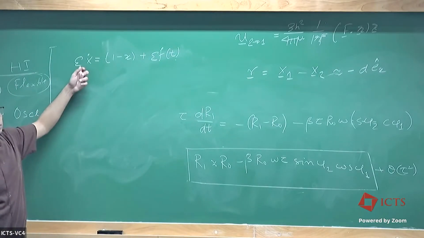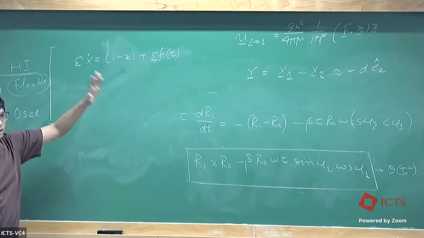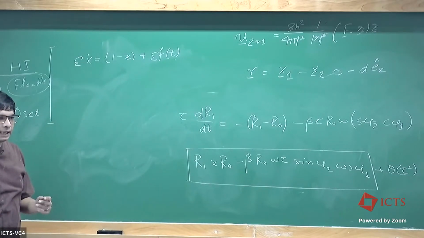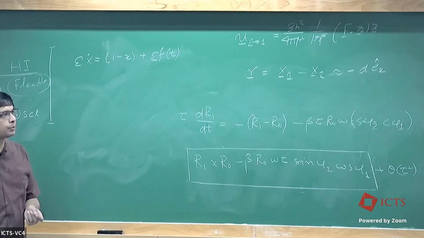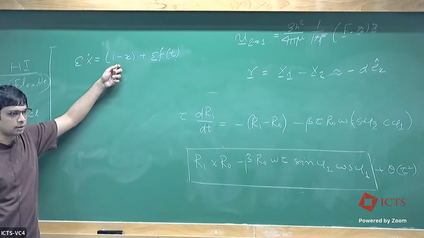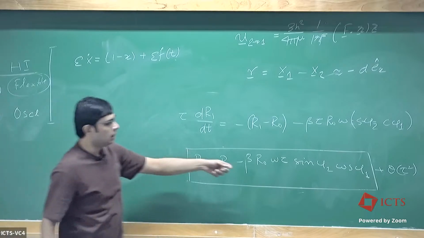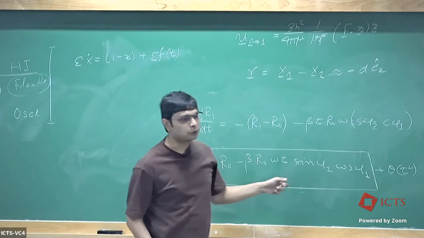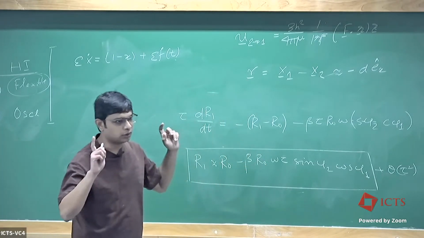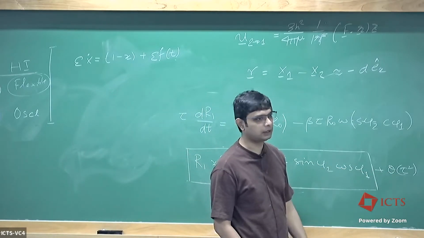And what you can do to solve these sort of equations is a perturbation expansion in x in order epsilon, and at each order of epsilon, you solve the problem. So at leading order, x is just equal to 1. At order epsilon, you will get another term, and at order epsilon squared, you will get another term, and so on. What I'm doing is that I'm just retaining terms up to order epsilon, which is tau here in this case, and neglecting all terms that are order epsilon squared. That's what I did.